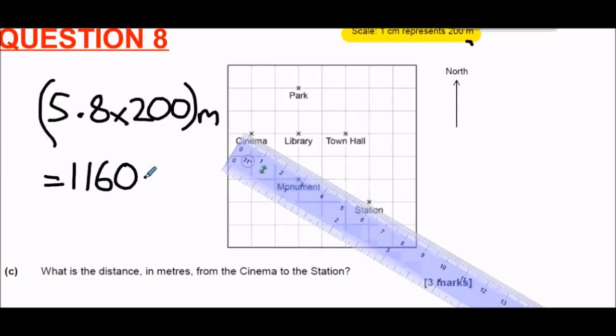You will get method marks for writing your distance in centimeters multiplied by 200. So as long as you measure roughly correct, ideally exactly correctly, you'll get a method mark for this working line here.